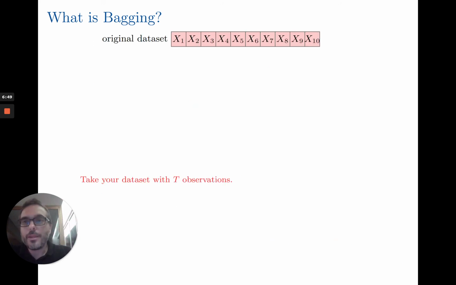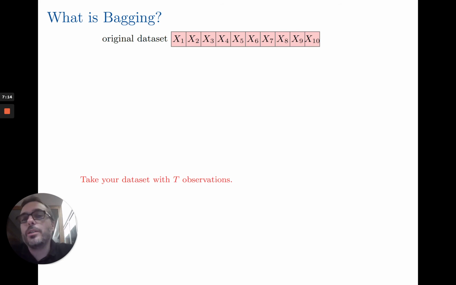So before doing that, let's recall what the bootstrap is. Let's say that we have the original data set. We have like 10 observations, so T here is equal to 10. You take your original data set, that's the pink squares that you have on your screen.